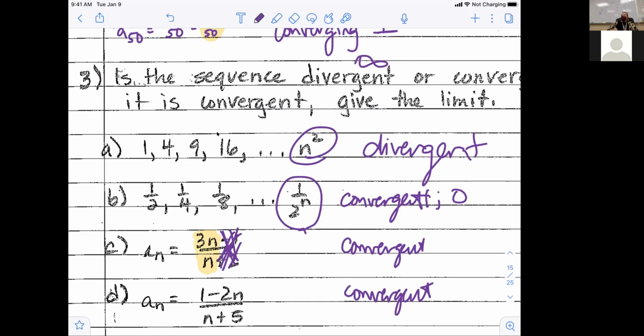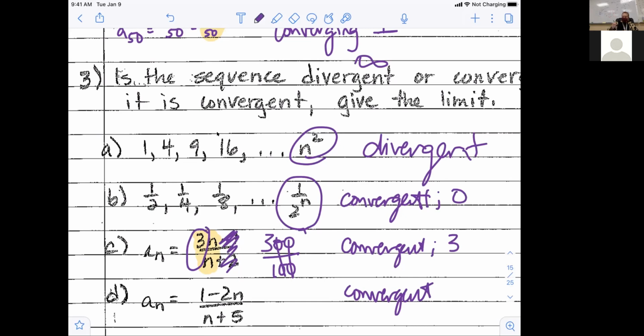If, let's say, I went to the 100th term, 3 times 100 is 300, and then n, which is 100, is by itself. 300 divided by 100 is 3. These are all converging to 3. They'll never be exactly 3 because I'm still minusing 1 and adding 2 to it, but it's getting super, super close. So what we do is you look at just the coefficients in front of the variables.